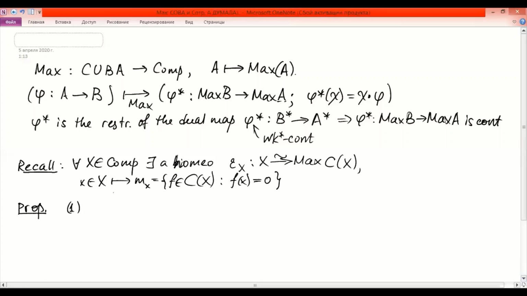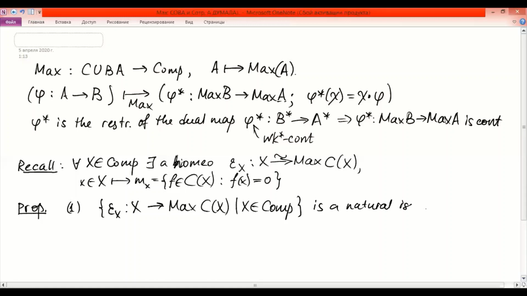If we consider all such homomorphisms epsilon x, so we consider such homomorphisms for all compact Hausdorff topological spaces X, then the collection of all such maps is a natural isomorphism between the identity functor on the category of compact Hausdorff spaces and the composition of Max and C. So these two functors are isomorphic.